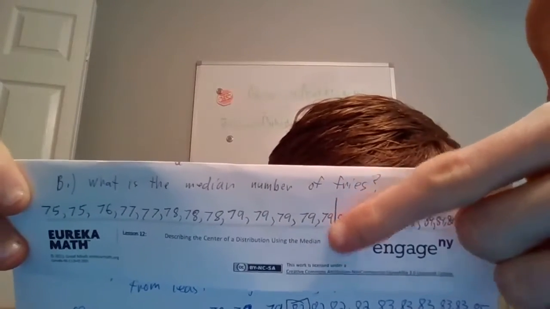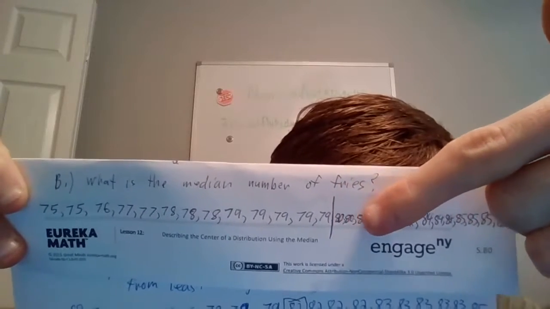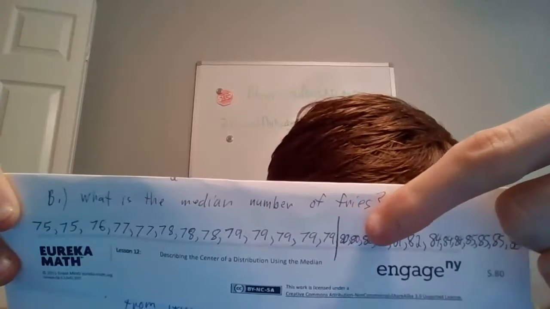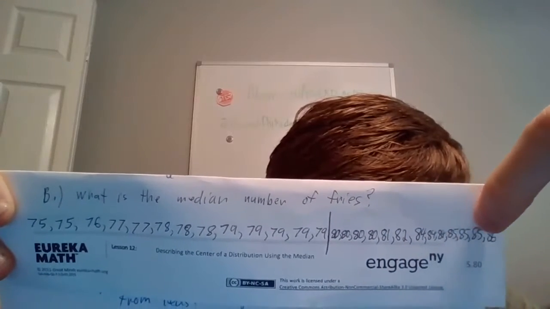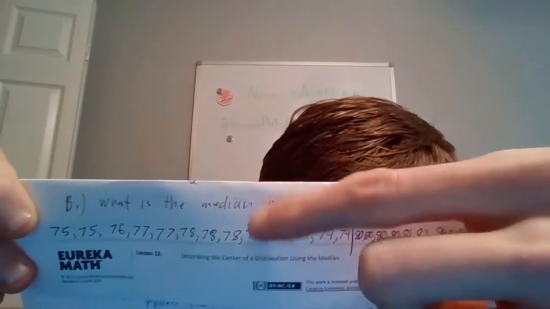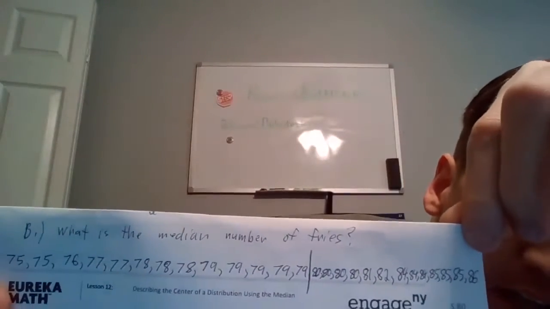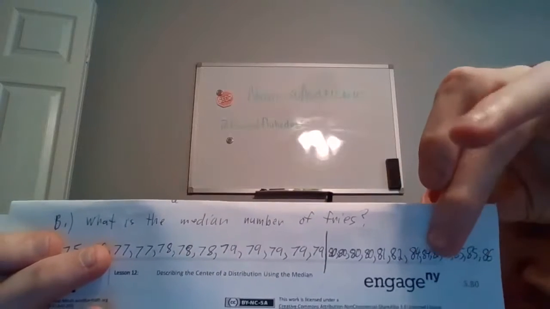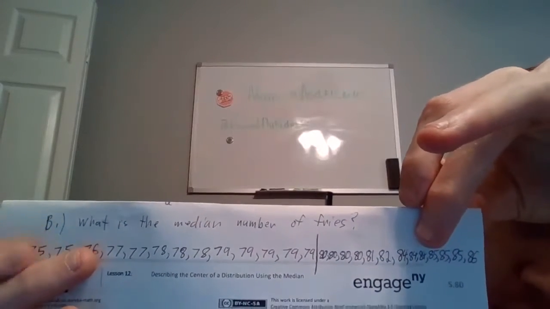That line represents the middle because if I count the numbers on either side of the line, there are 13 numbers over here, and there are 13 numbers on the other side of the list. What that line did to my data is cut it into two equal halves: 13 on the left, 13 on the right.